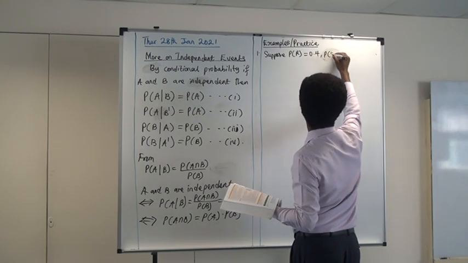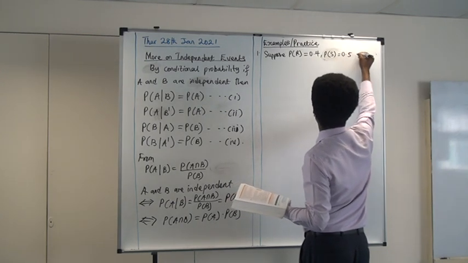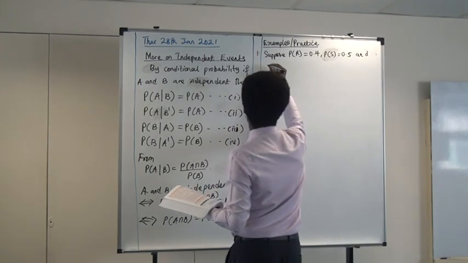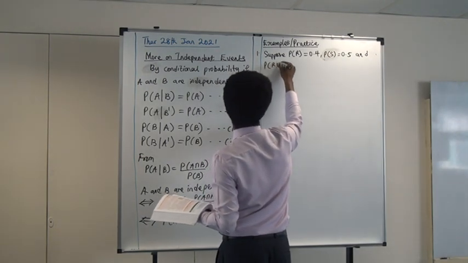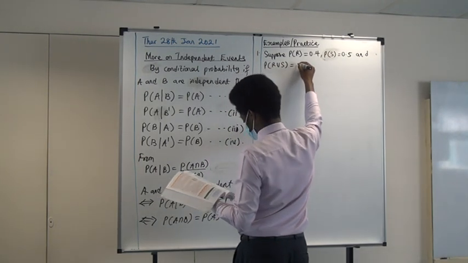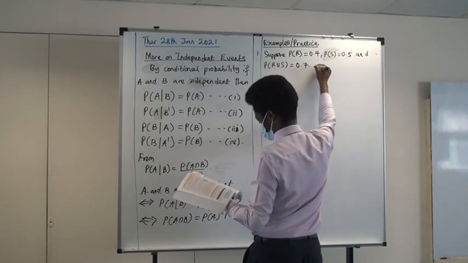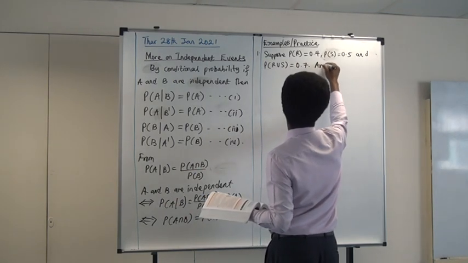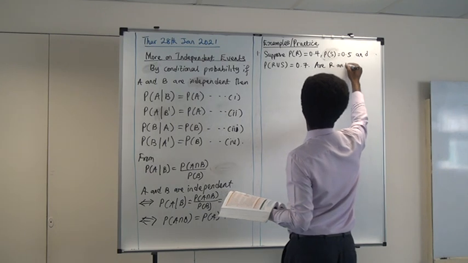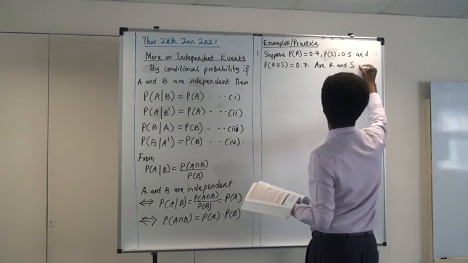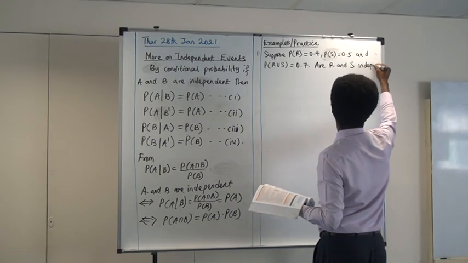Probability of S is 0.5. And probability of R union S is 0.7. The question is, are R and S independent events?